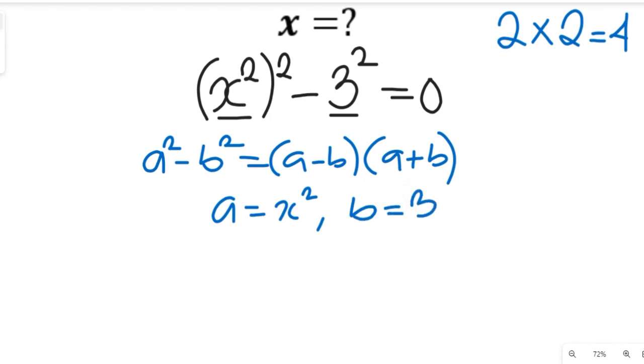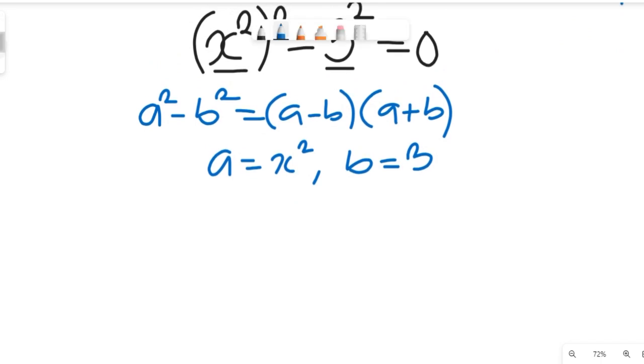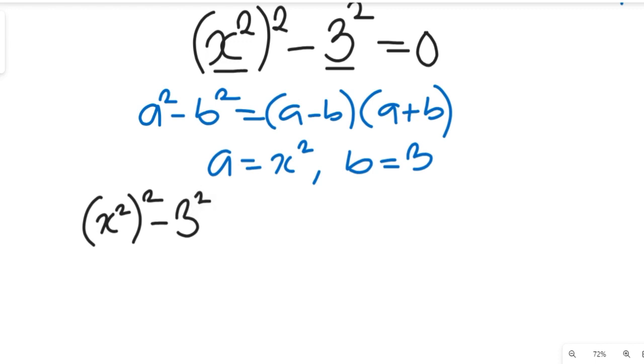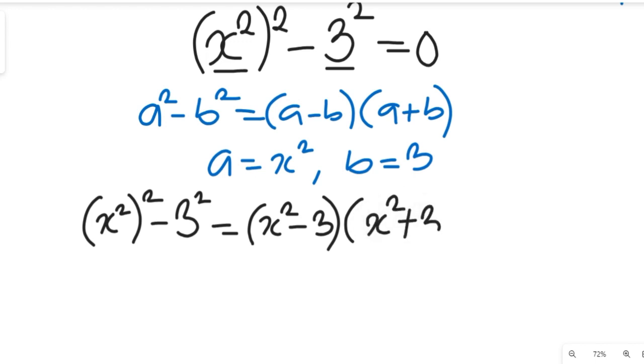Now, if we do that, the application of that, the solution will now become x squared all squared minus 3 squared will now be equal to x squared minus 3 multiplied by x squared plus 3.